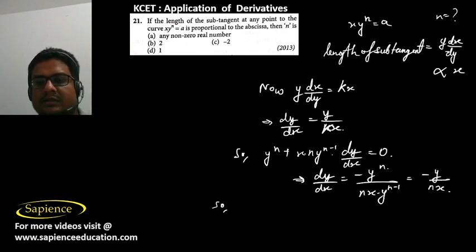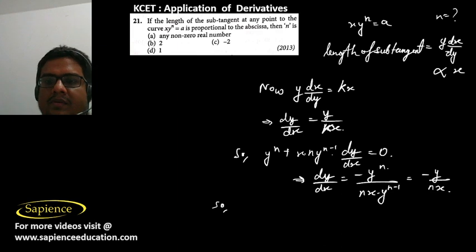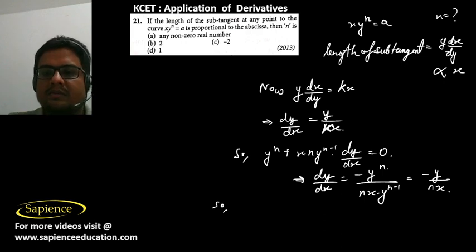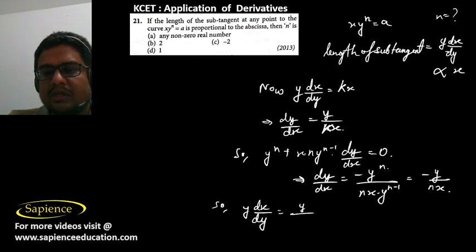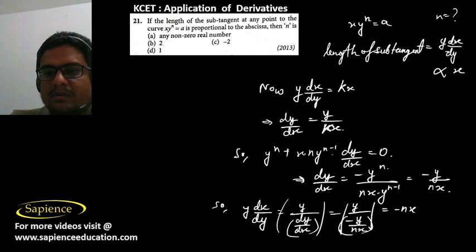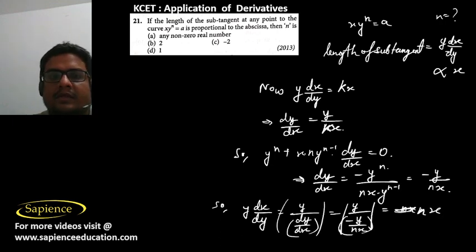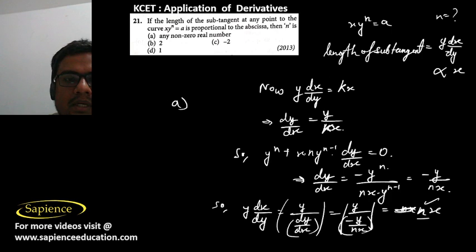So now y dx by dy, that is y by dy by dx, will be y by minus y by nx, that is minus nx. Here n can be any non-zero real, then only it is proportional to x. Okay, and A is the correct answer.